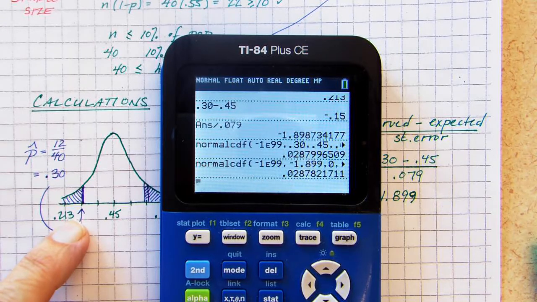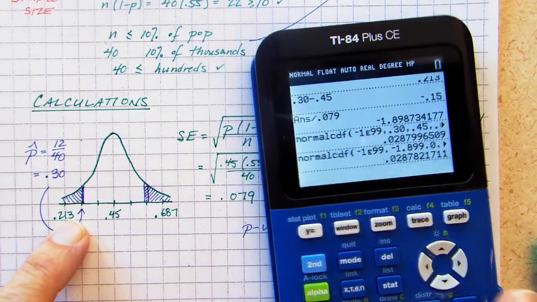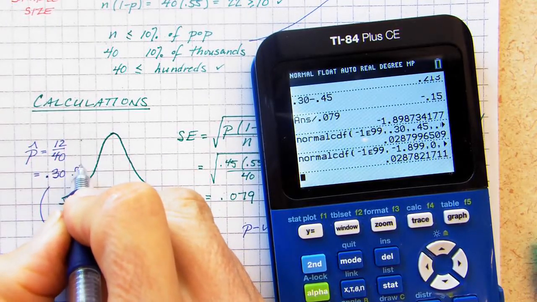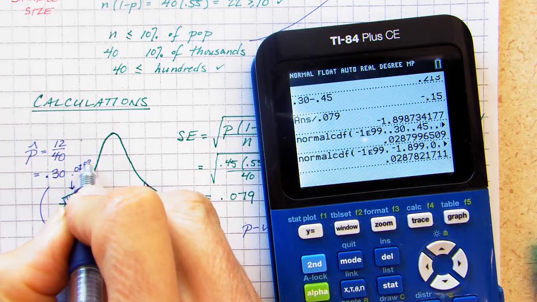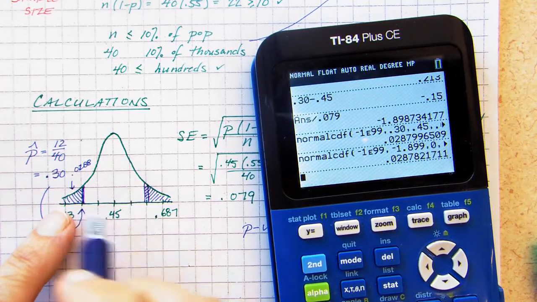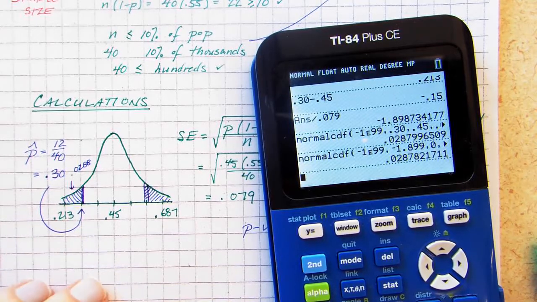And so again, still 0.0288. So let me write that one down. That's this little region right here, 0.0288. That would represent about 2.88% of the entire distribution.